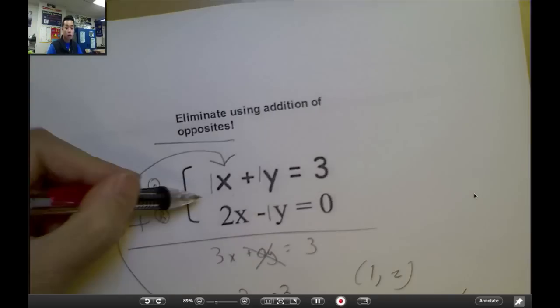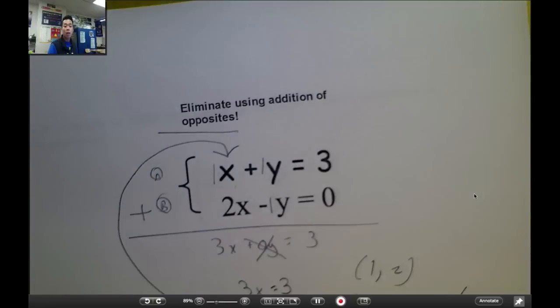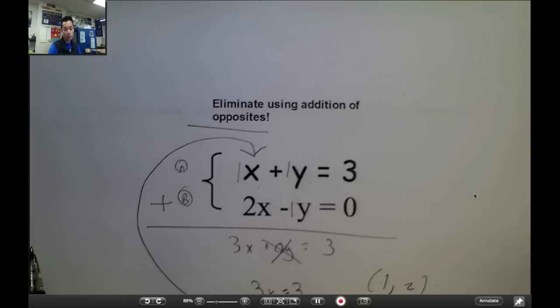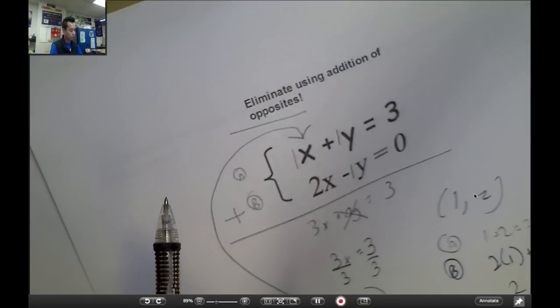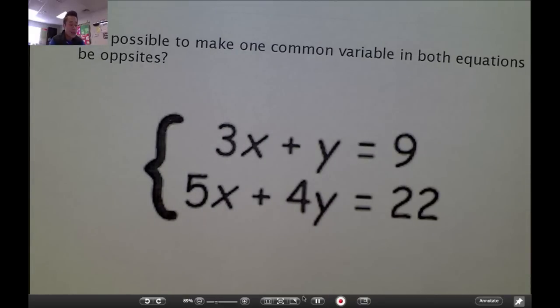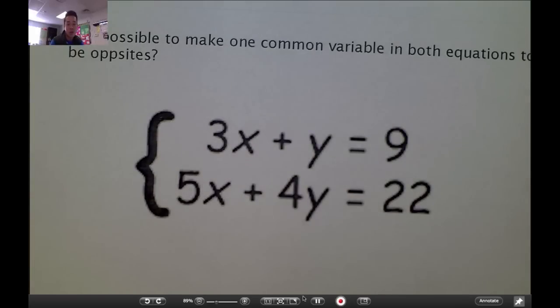So we use the elimination method to eliminate opposites. Now you probably will have a question about, well, what if we have coefficients that aren't always opposites? For example, like this one. 5x plus 4y is equal to 22. Things get a little bit more complicated because right away you can't really eliminate any one of the variables because they have different coefficients. There's no opposites.